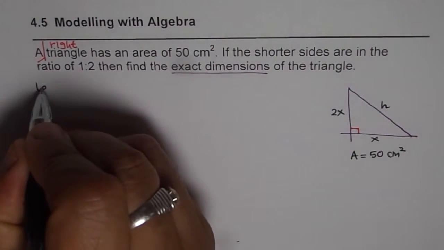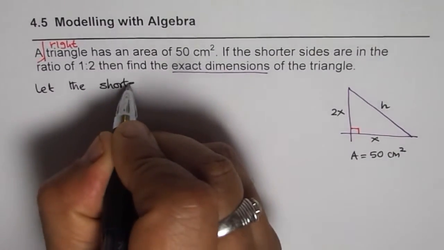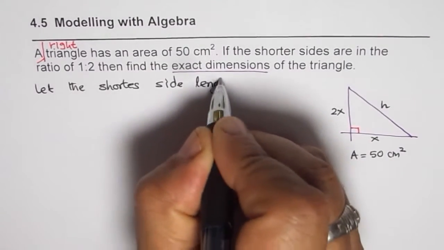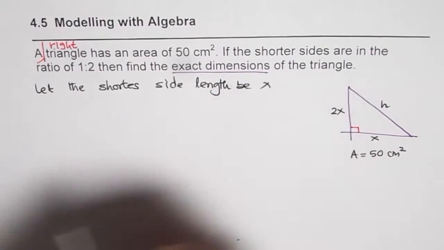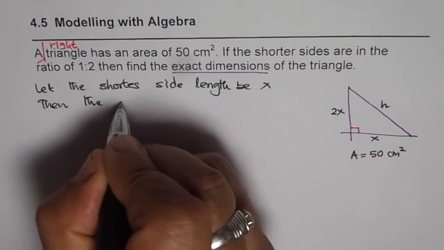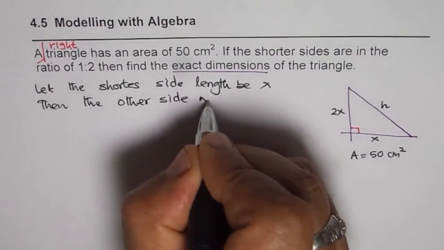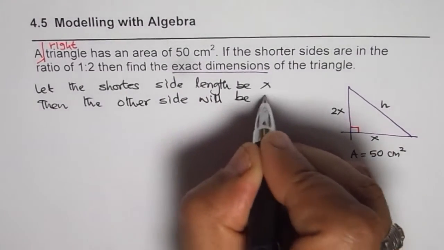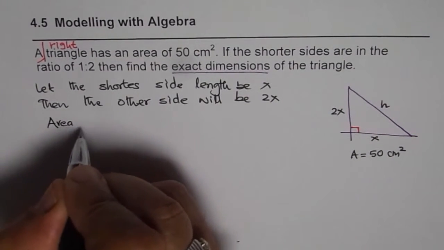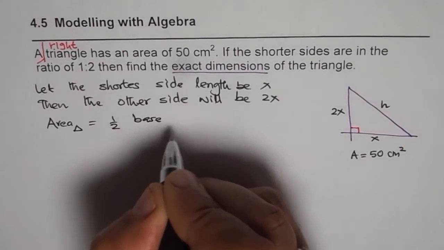We say let the shortest side length be x, then the other side will be 2x, correct? Now the area of a triangle is half base times height.